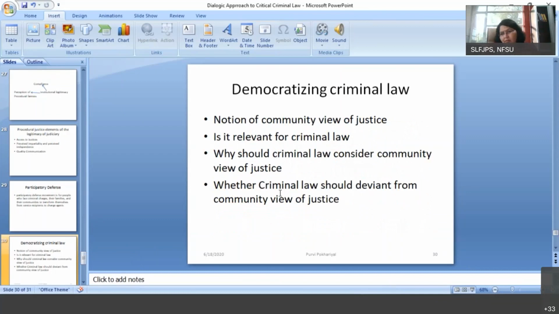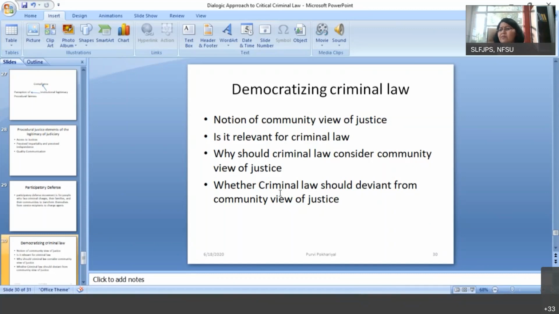Of course, you can challenge the community view of justice, and you can ask whether it is relevant for criminal law. But yes, it becomes relevant if you really want to democratize the whole process of criminal law. And the second question is, if it is relevant, why should criminal law consider the community view of justice? Is it something that will make the whole process more legitimate? At times criminal law does deviate from the community view of justice.